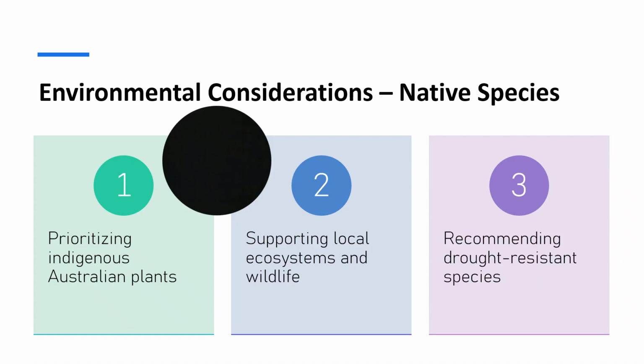Supporting local ecosystem and wildlife, so that's based on the strategic location of the school where it is and based on the council's support for ecosystem and wildlife, you can plant those trees, and also recommending drought resistant species, where these species will resist a possibility of drought, so that will be acceptable for government schools.